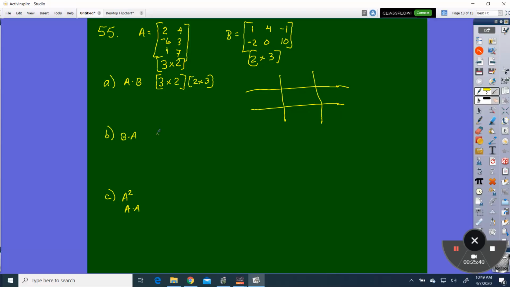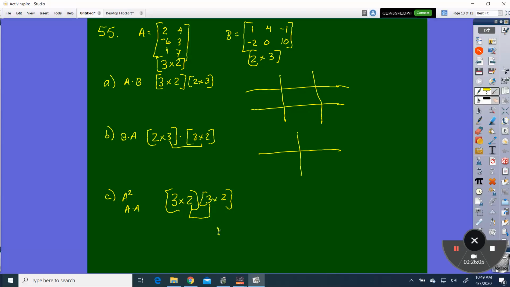When I come down here, B times A, that's a 2 by 3 times a 3 by 2. So A is a 3 by 2. So that works because these are the same, and it's going to be a 2 by 2. When I do A squared, that's going to be a 3 by 2 times a 3 by 2. That does not work because those are not the same number, so not possible.